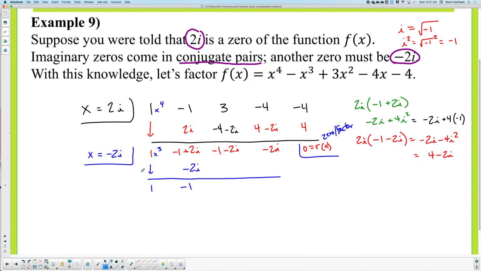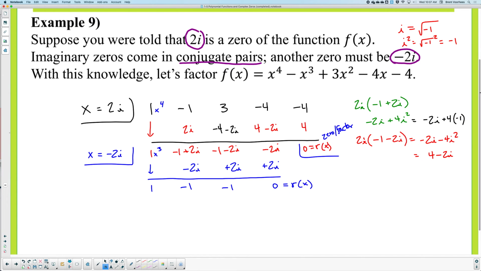Positive 2i. What happens here? Those cancel, and I have a -1. What's -1 times -2i? And what's -2i plus 2i? 0.